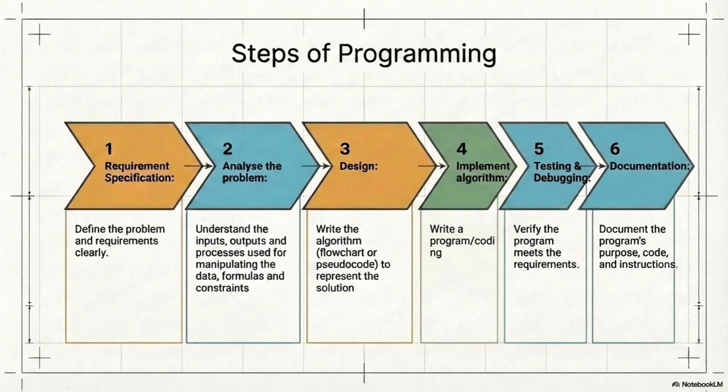For the steps of programming, we have a total of 6 steps. To build a well-designed program, one that is correct, easy to understand, efficient, and reliable, we must follow these 6 steps. The first one is the requirement specification, which is defining the problem and requirements clearly.